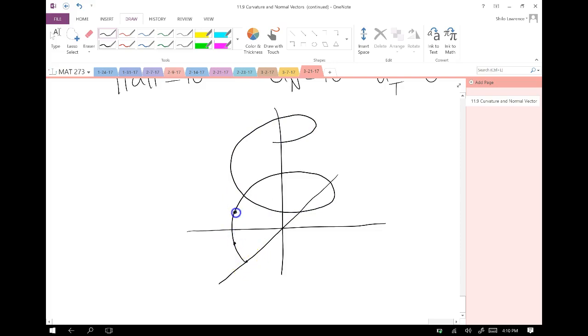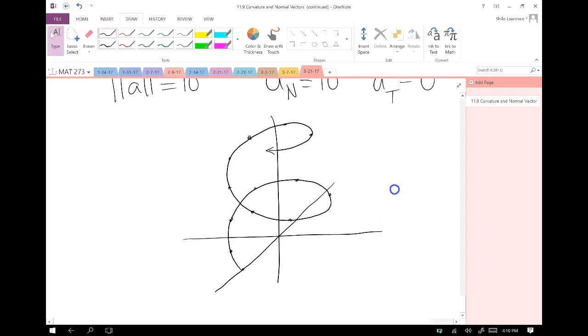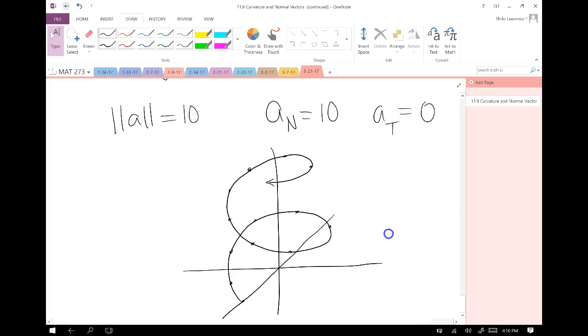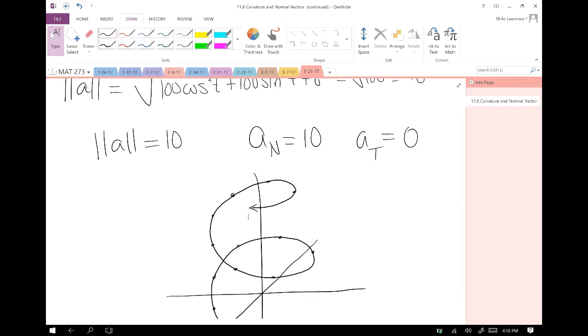And as an object moves up this spiral with a radius of 10, it is moving with a constant speed. And the only acceleration it's experiencing is that constant curving along the circle. That constant curving along that circle of radius 10 is the only acceleration that it's experiencing. No speeding up or slowing down whatsoever.